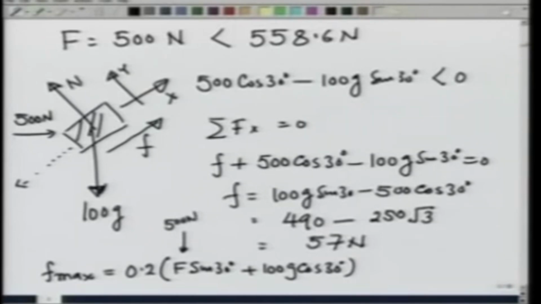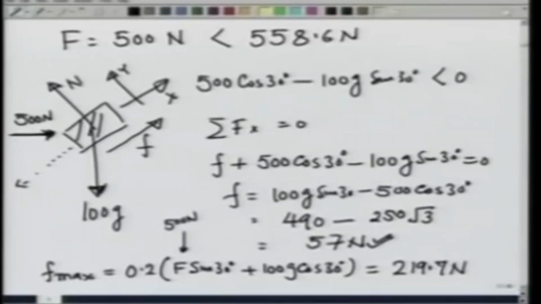You calculate this number and it comes out to be 219.7 newtons. So, again I see that the maximum possible friction that can be generated when I apply a force of 500 newtons in this direction is 219.7 newtons, and it is much greater than the 57 newton force that I require to keep the block in equilibrium, and therefore, the block will remain in equilibrium.